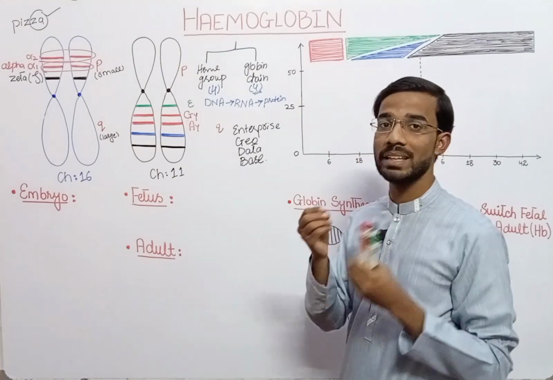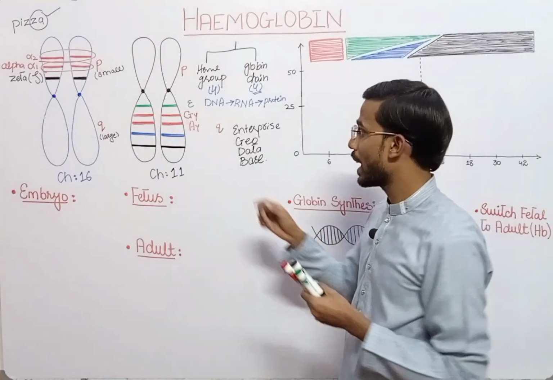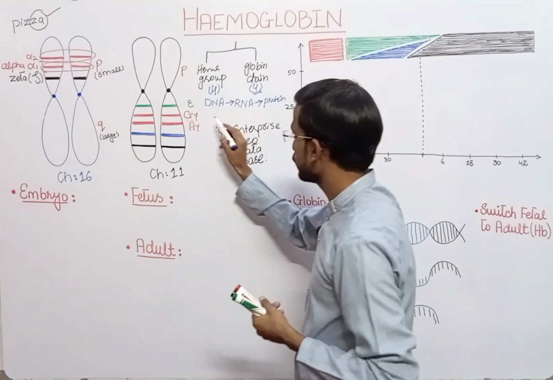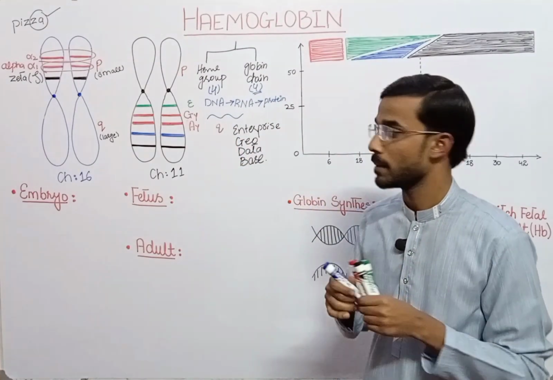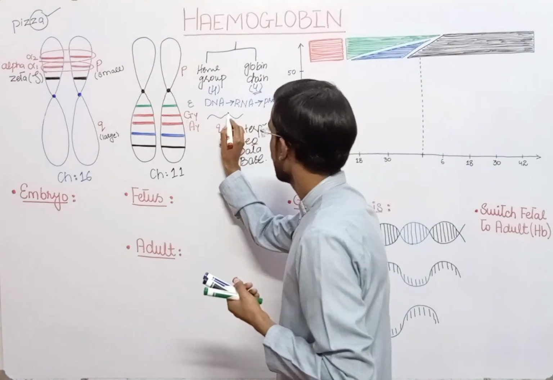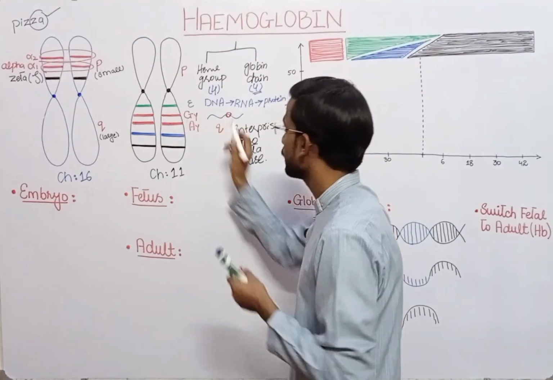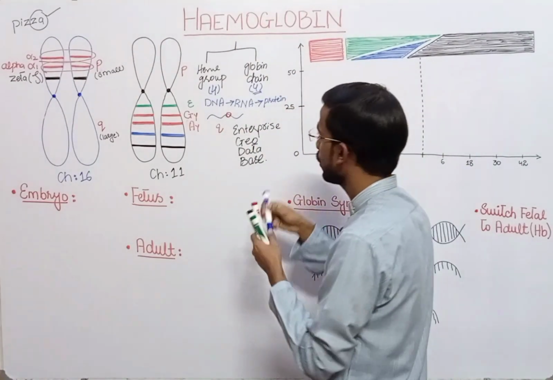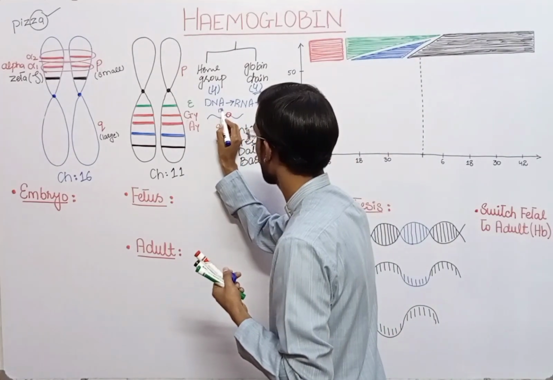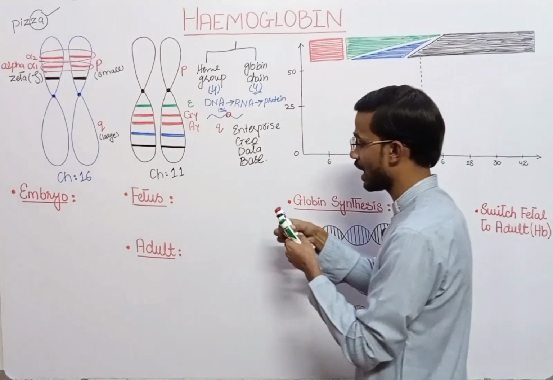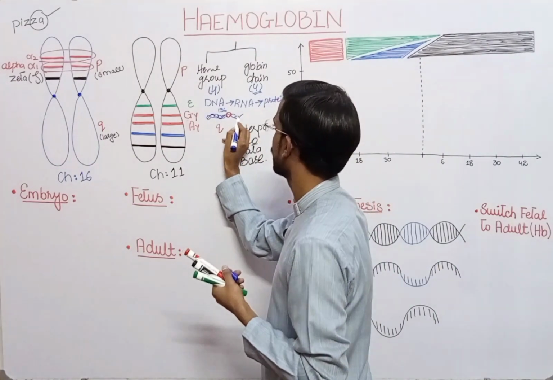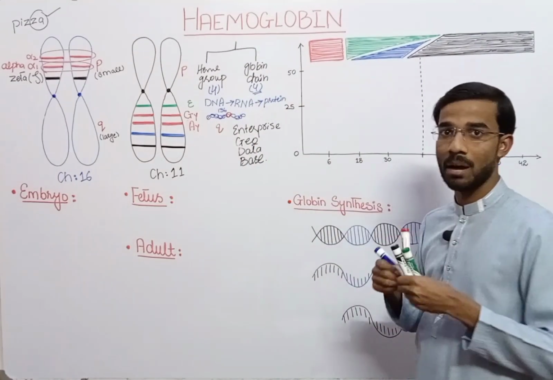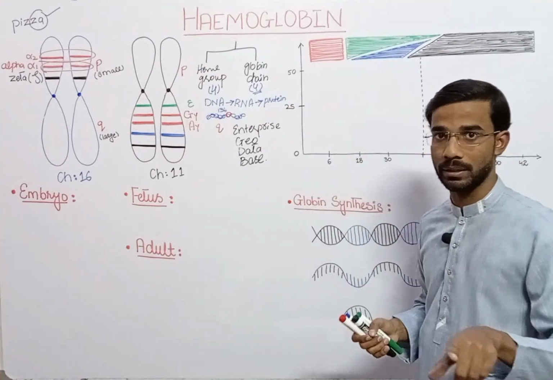So these are basically amino acids, and if you look at the sequence of the gamma globin chain, the difference is at position 136 of the amino acid chain which forms the gamma globin.